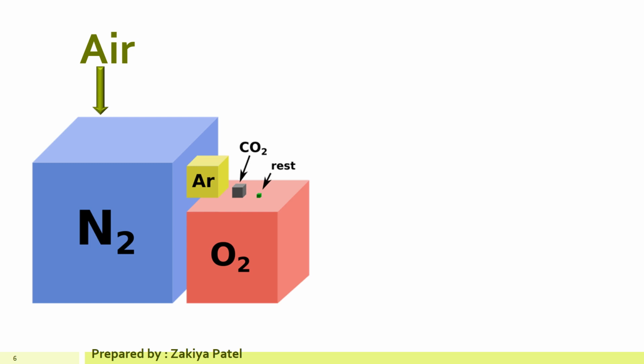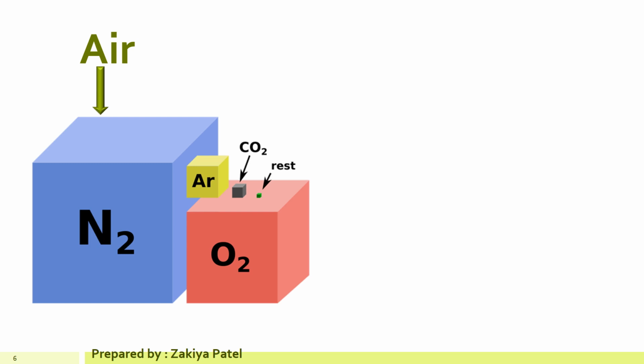So it is very interesting to note that even the composition of air is the result of life on Earth. Different gases being present in our air, the variations in air, make life possible on the Earth.